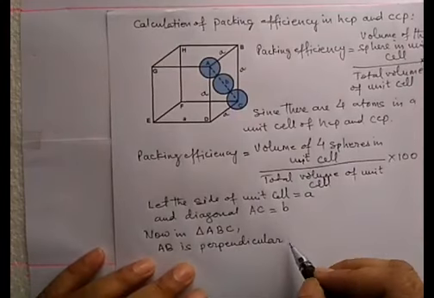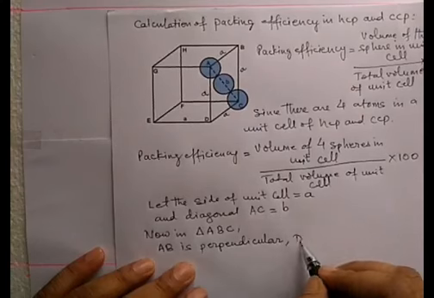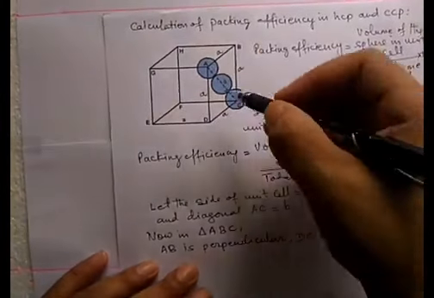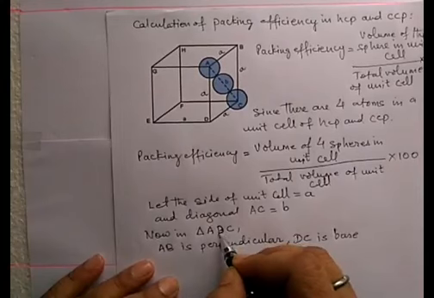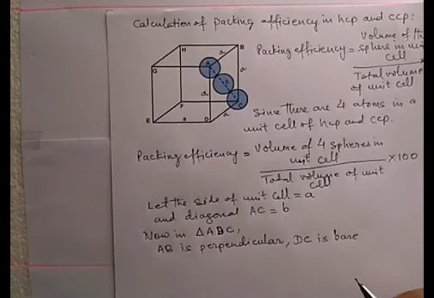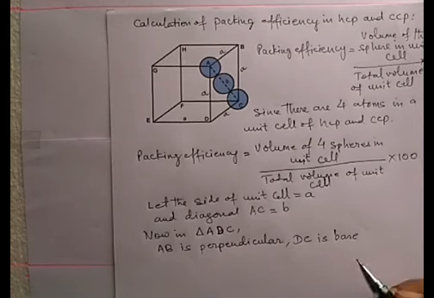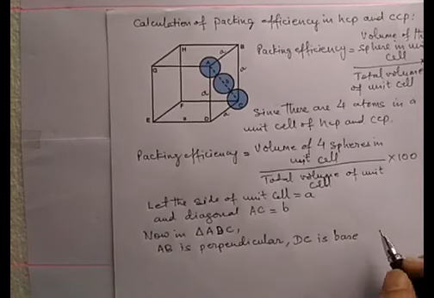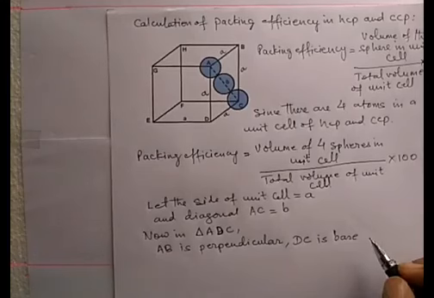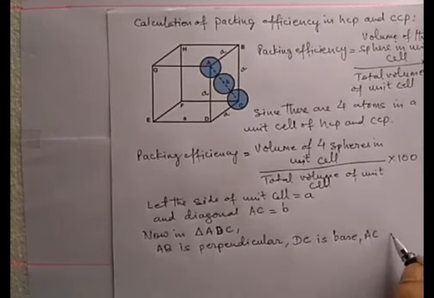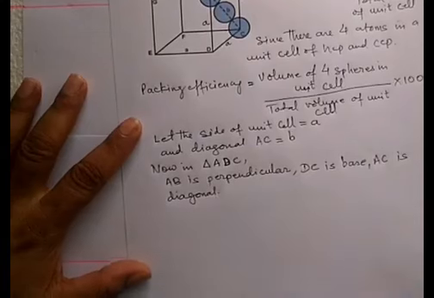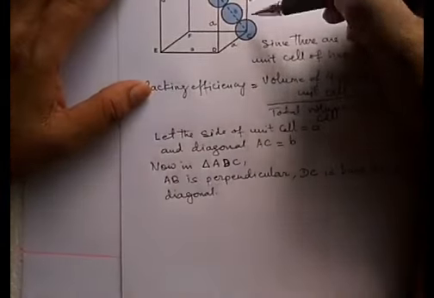DC is a base. AC is the diagonal. You can take any of these triangles.